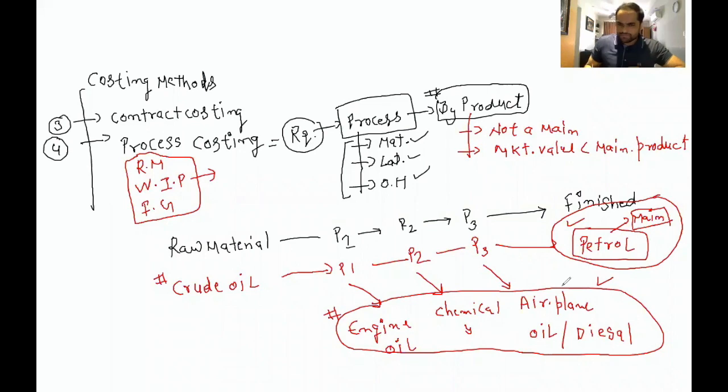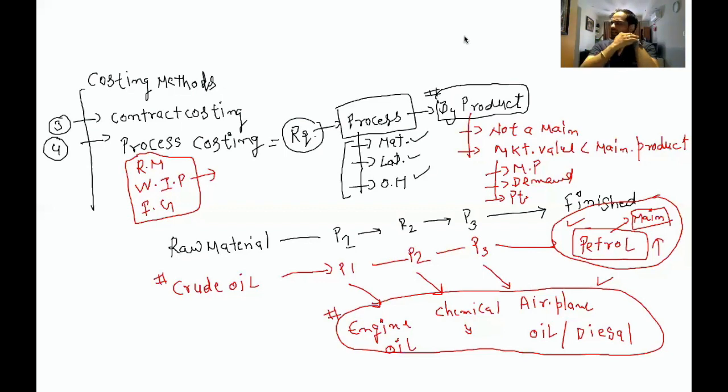Market value means market price, could be demand, or could be profit. The profit of this product is higher compared to this; this has a lower profit compared to the byproducts, right? So that kind of example is the most suitable example for the process costing method.